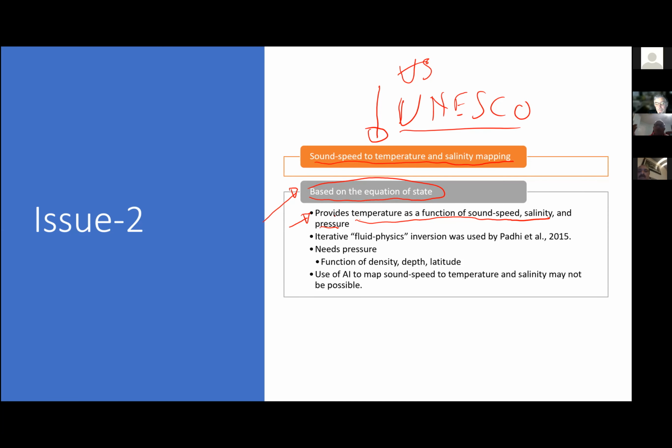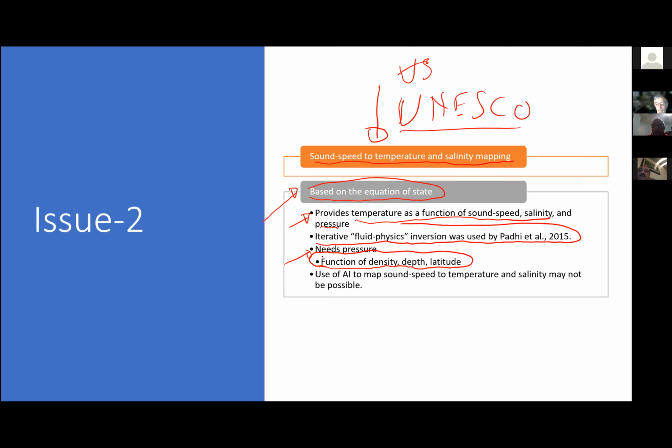So use a model-based iterative inversion, which we call a fluid physics scheme, to simultaneously find the salinity and temperature from the measurement, but you need the pressure. And this pressure, by the way, is a function of density, depth, and also latitude, because the acceleration due to gravity is involved there.